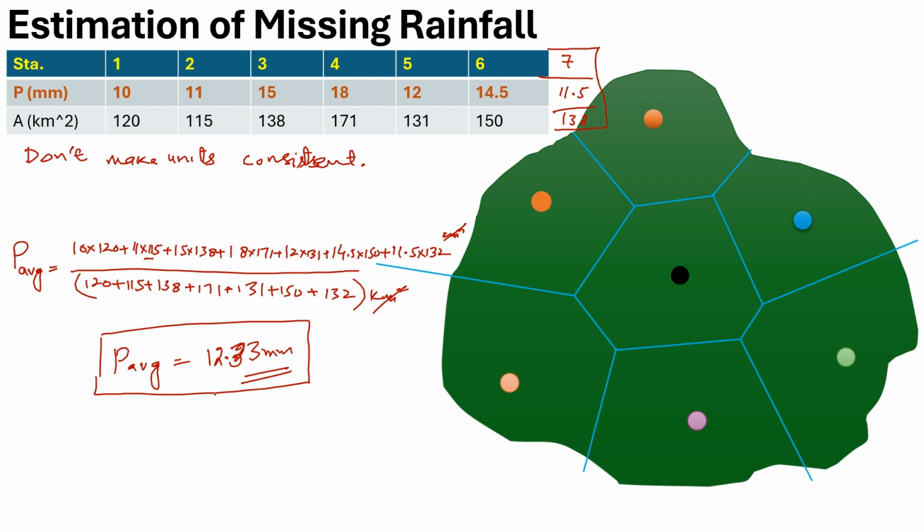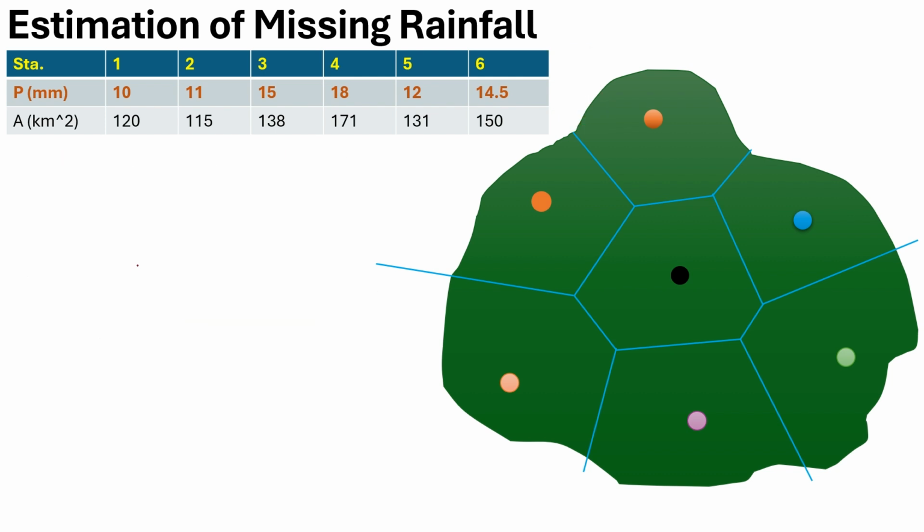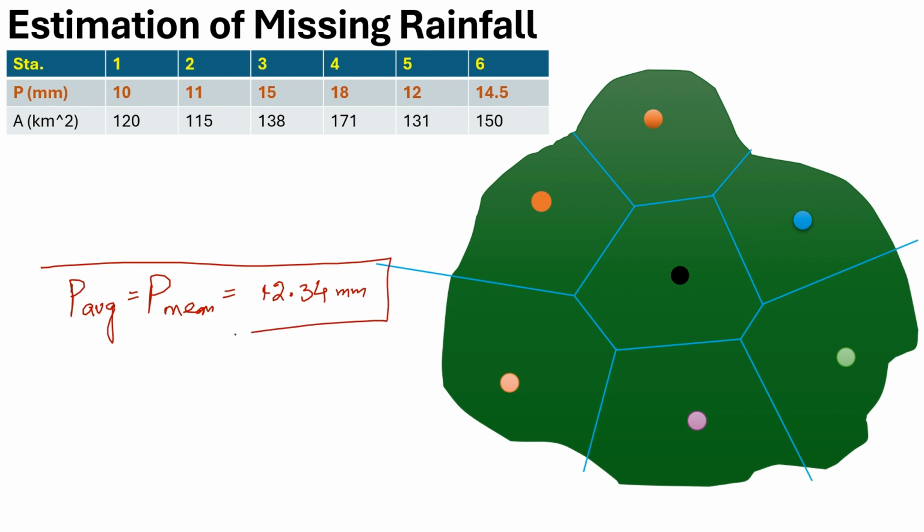This is how we can calculate the average precipitation, P average or P mean, in this catchment area due to the 7 rain gauge stations. So this is how we can determine the average or mean precipitation over a catchment area using the Thiessen polygon method.